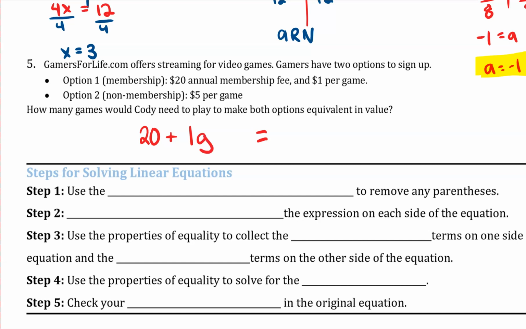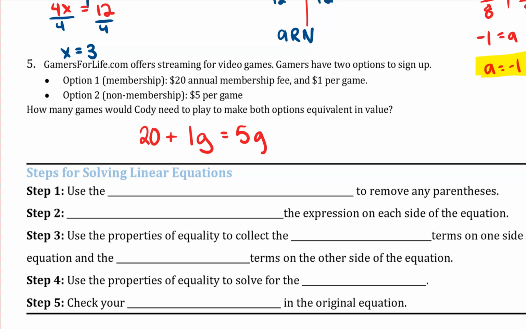I don't know how many games he's going to play. So that's why I'm going to do $1 times the amount of games he plays, 1G. And that's going to equal, the other side of the equation is going to be the non-members. They do not have to pay a $20 fee. All they pay is $5 per game. I kind of spread that out more than I needed to.